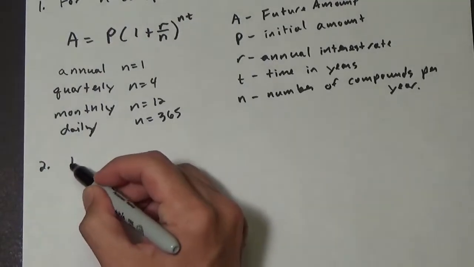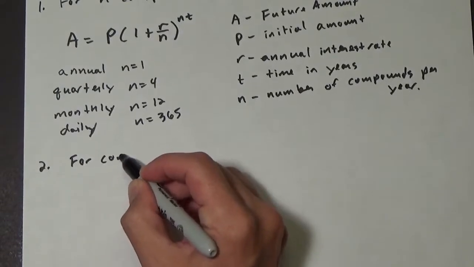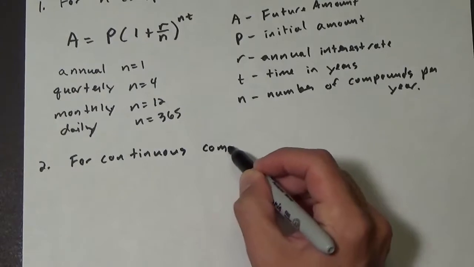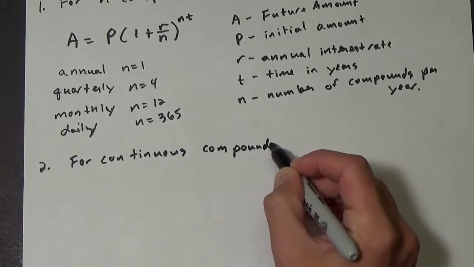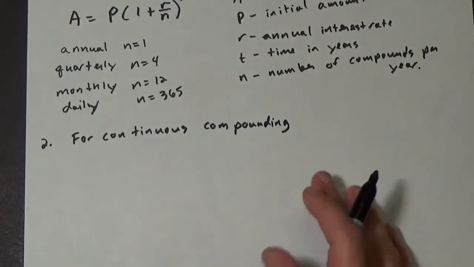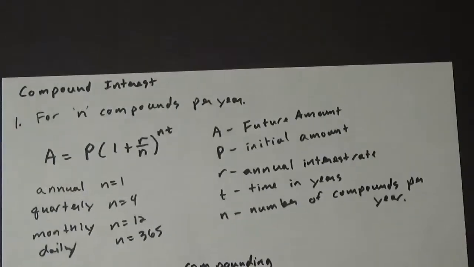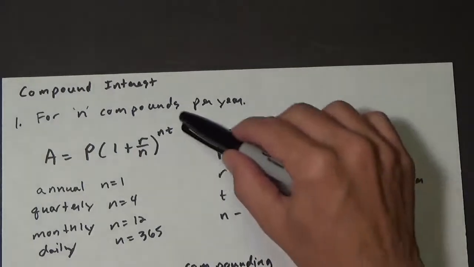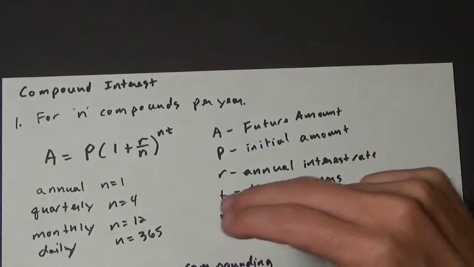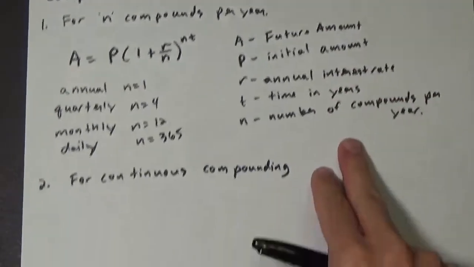So for number 2, continuous compounding. If we have continuous compounding, what happens is, in this equation here, the n's start going to basically infinity. They keep on getting bigger and bigger.